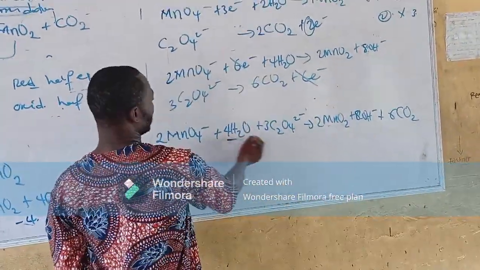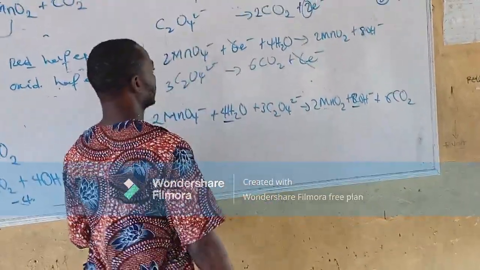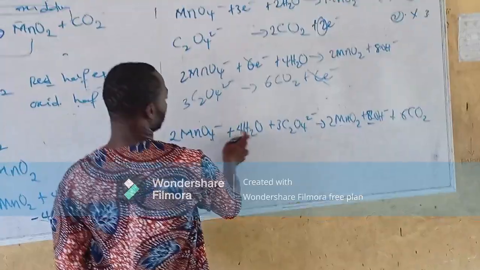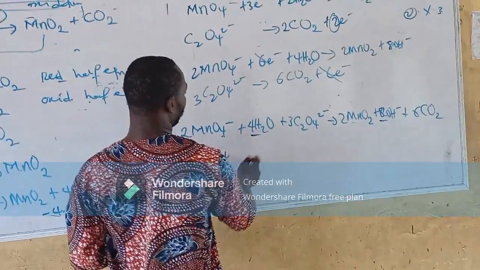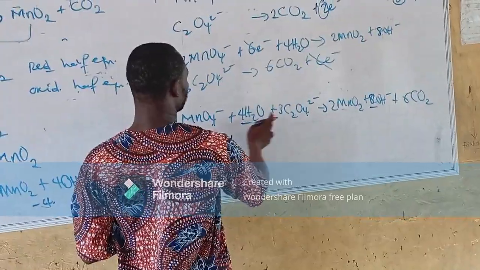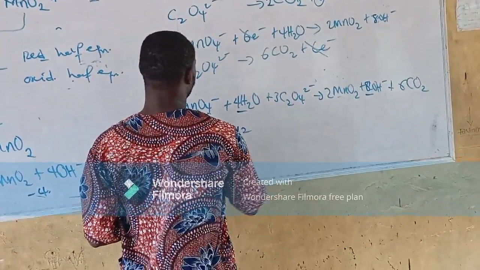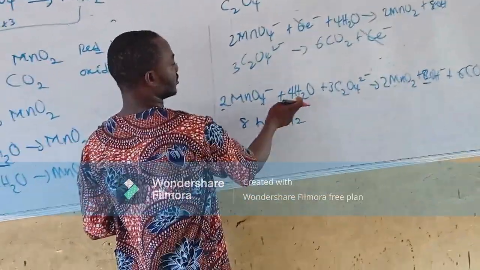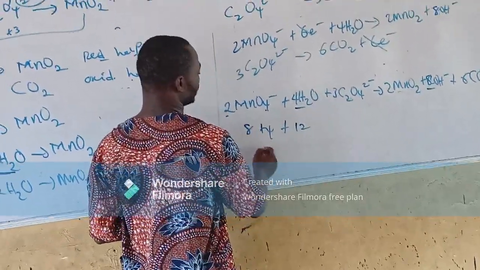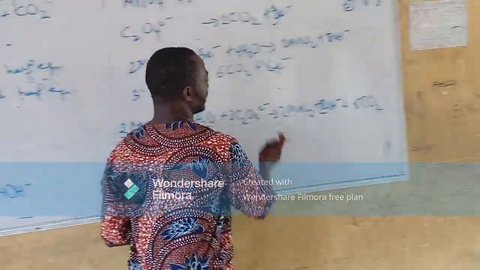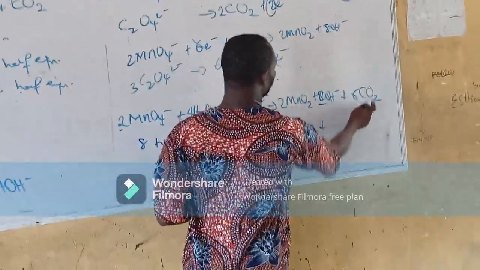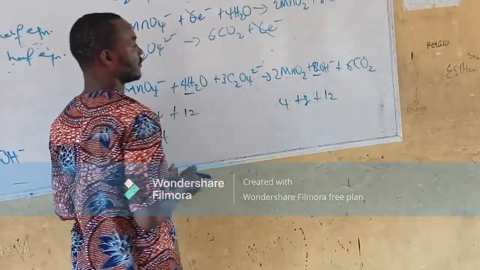So we have 8 hydrogen here, and 8 hydrogen here. Then we have oxygen, which is 2 times 4, 8, plus 4 times 1, 4, plus 3 times 4, 12. So 8 plus 4, 12, plus 12. We have 24 oxygen here. On the other side, we have 2 times 2, 4, plus 8, plus 12. We have 24. So everything is balanced.